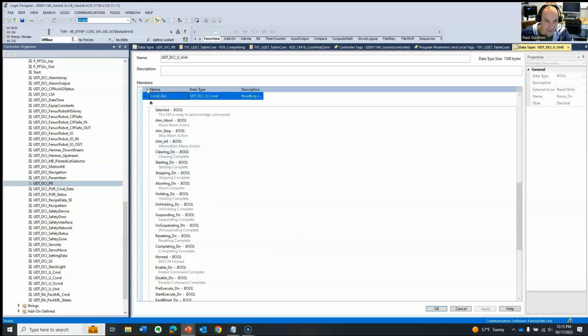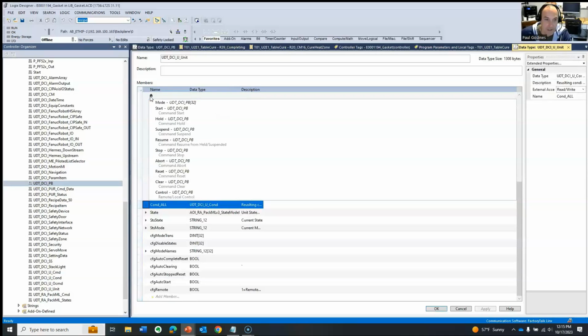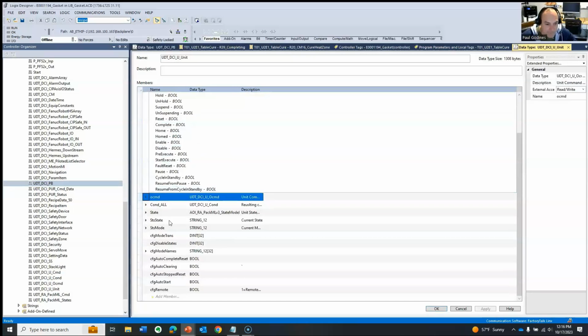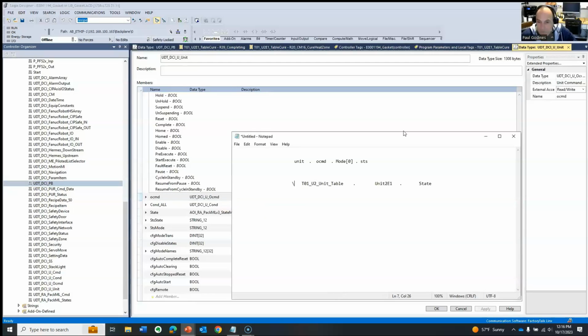That say that something is a state, a condition, a configuration, a command, operator command, etc. Okay, so now we have our data type. We have, let's see where are we at here. So there's our operator command. Okay, we were in our data type UDT state.